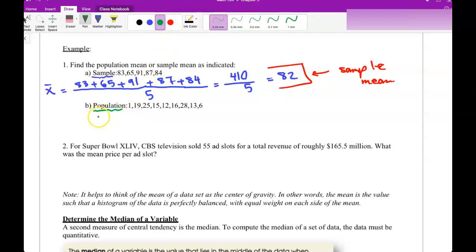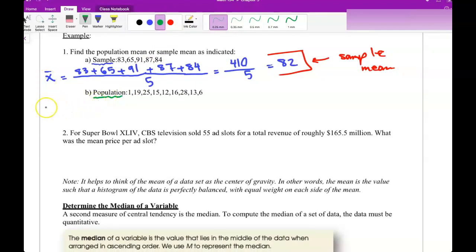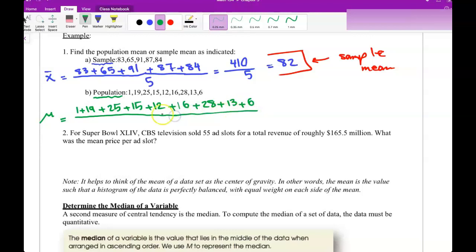Now for this one, part B is a population. Since we have a population, instead of X bar, now we have mu. Adding all these numbers on top, divided by how many numbers we have: 1, 2, 3, 4, 5, 6, 7, 8, 9.